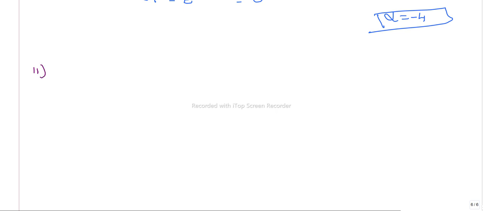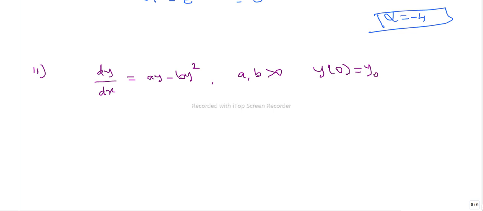Consider the differential equation dy by dx equal to ay minus by square, where a, b are positive, and it is given that y of 0 is some value, we call y naught.